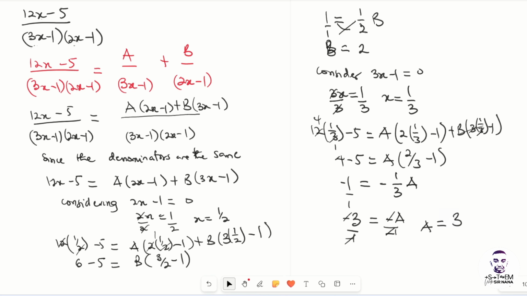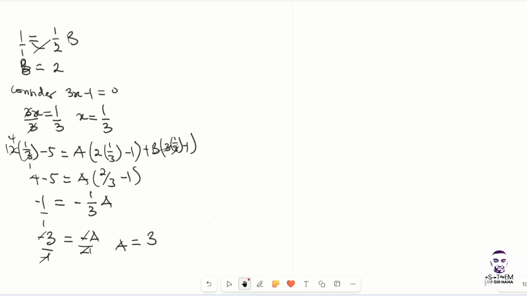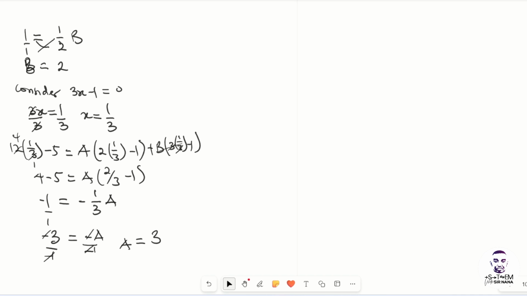So what conclusion can we draw now? So we can say that therefore, right, we can say that basically when we have a rational function 12x minus 5 all over 3x minus 1 and 2x minus 1, we can write it as the a is 3.